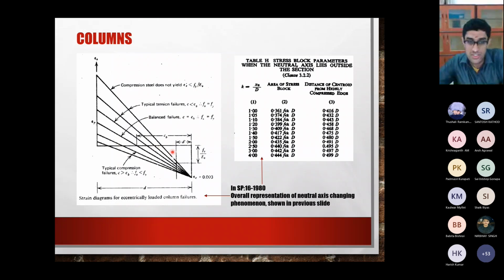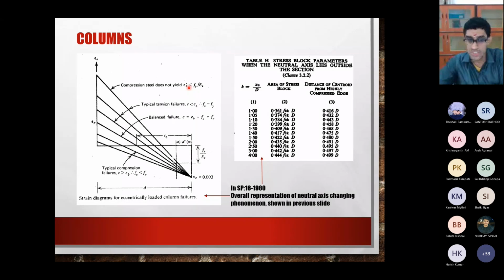So it's basically just a representation of what I showed in the previous picture, except that there I showed tension side on the right and compression on the left. Here it is reversed. That's it. But otherwise it's the same. So for all these strain profiles, till the balanced point, the compression steel will not yield. Of course, it is only compression.